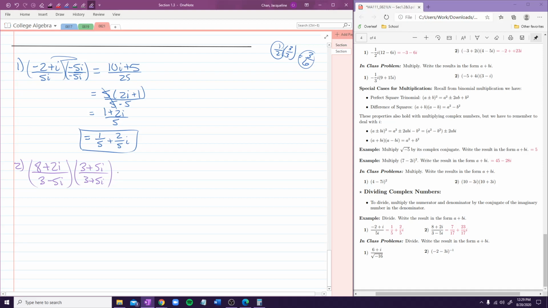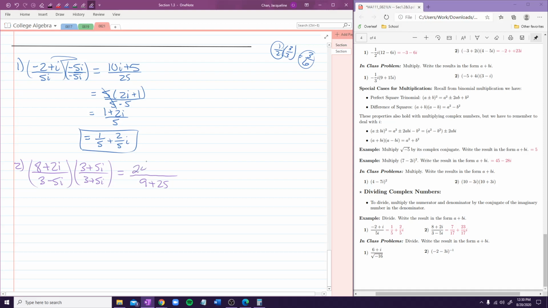Okay, so when we do this, keep in mind, it is our difference of squares for the complex conjugate numbers. So what is that? It's going to be a squared plus b squared. A is 3, b is 5. So this is going to be 9 plus 25. Okay, and over here we're just going to FOIL.